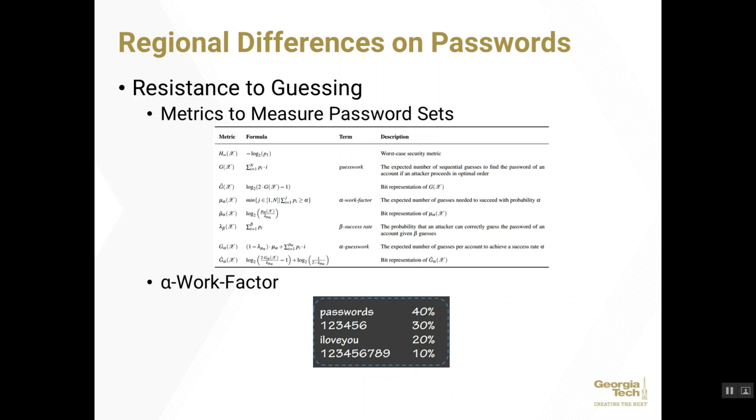G is defined as the guesswork, representing the expected number of sequential guesses to find a password of an account if an attacker proceeds by trying passwords in descending order of the password probability. Mu alpha is called marginal guesswork or alpha work factor, which measures the expected number of guesses used to succeed with probability alpha.